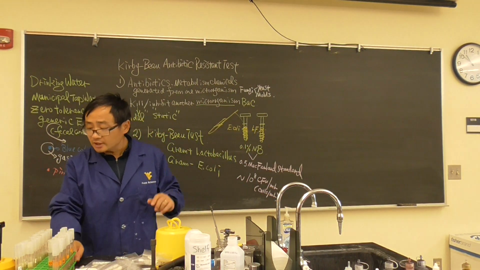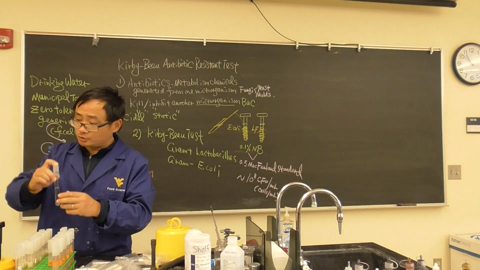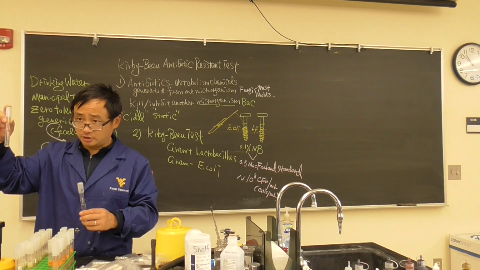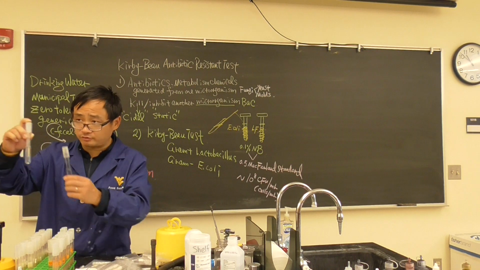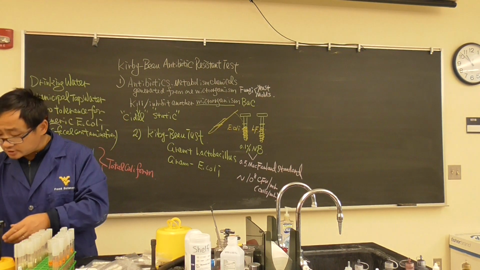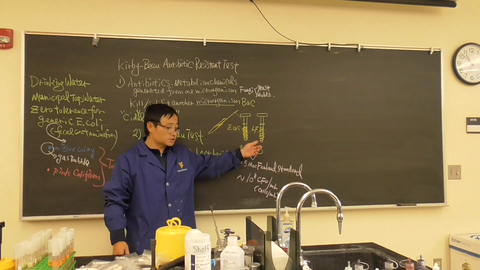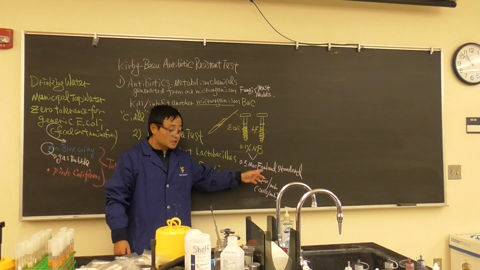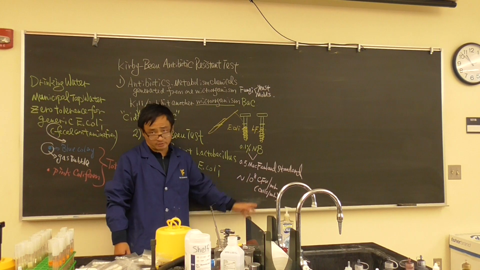So, ideally, once you have the solution prepared, we will prepare a suspension made to the 0.5 McFarland standard, but I don't have it right now. Then we will compare these two turbidities. Once they match each other, it means your concentration is 0.5 McFarland standard, approximately 10 to the 8 cells per ml.